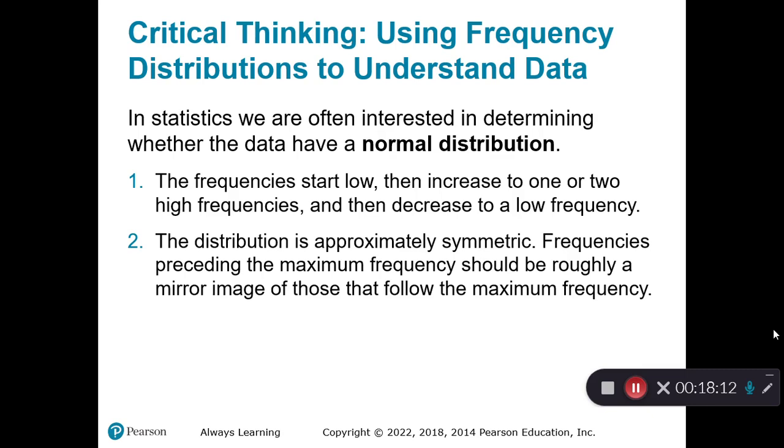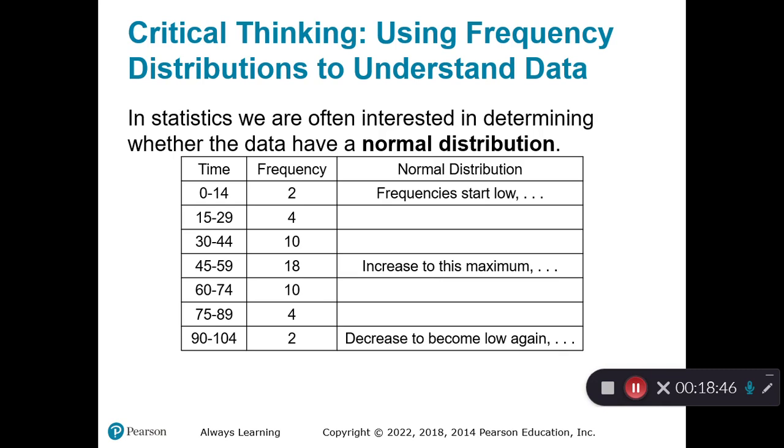We're going to say that in a normal distribution, the frequencies or the counts start low, then they start to increase until they reach some sort of maximum count or maximum frequency, and then they start to drop off or become lower at about the same rate that they grew earlier, and so we end up with a distribution that looks somewhat symmetric, or we see some sort of mirroring in the graph.